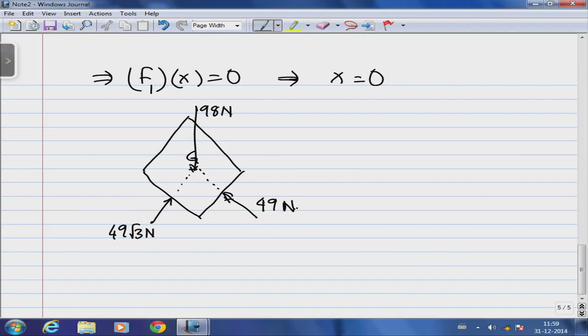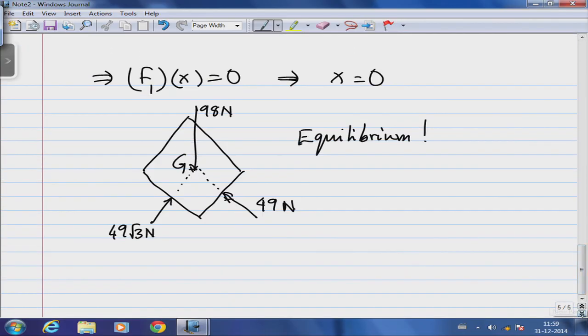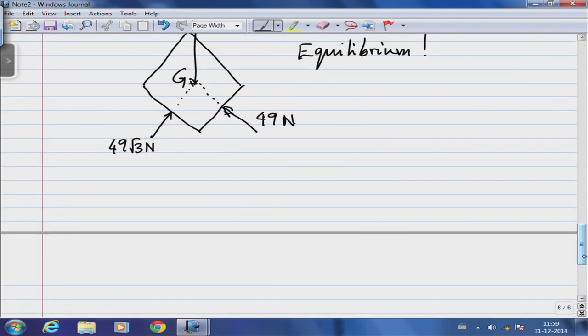The lines of action of the three forces are all passing through the center of mass G, which means none of the three forces is causing a moment about G. So, essentially this system is in equilibrium if the forces are of these magnitudes.